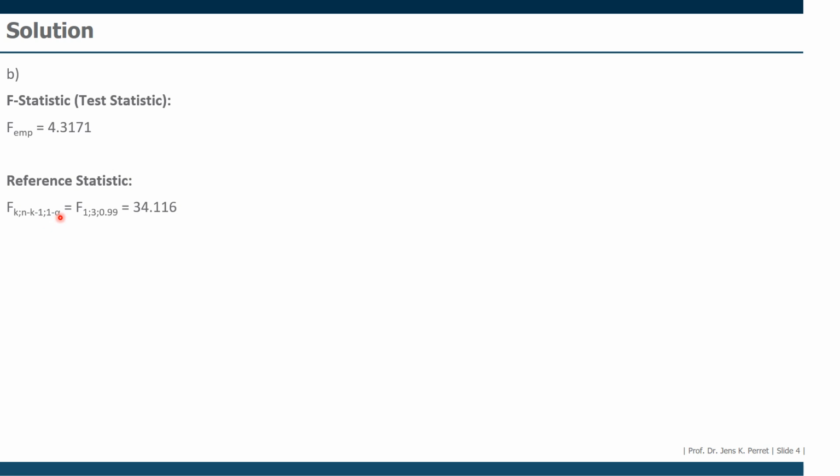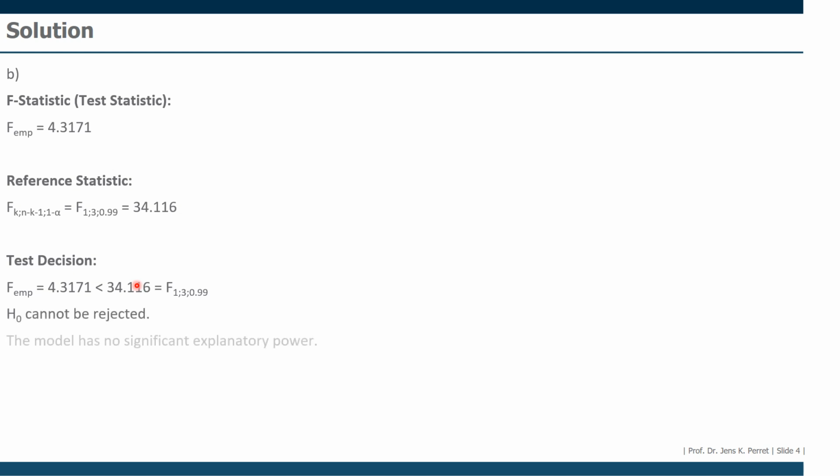With a new alpha of 1%, the first two values are the same, but then we have 1 minus 1%, so it's 0.99, yielding us here a reference value of 34.116. Of course, this is then again larger than the test statistic, and again, H0 cannot be rejected and the model still has no significant explanatory power.